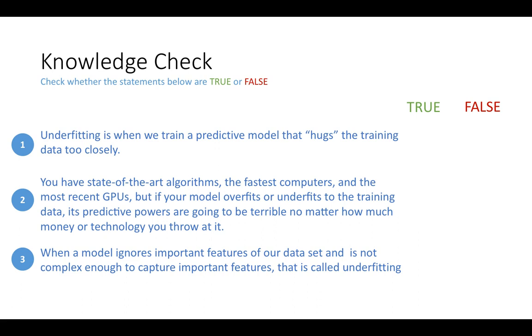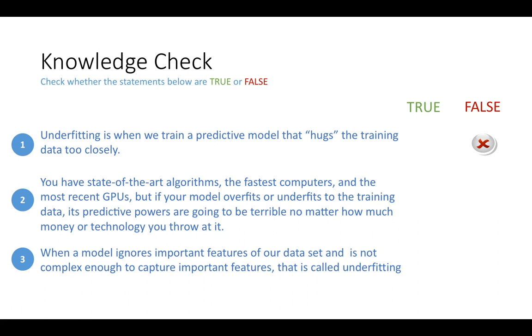The model was very close to the training data, which is why it was misled and took a curved course. Do you agree or not? Yes, it is a false statement. That is not underfitting, it is overfitting.